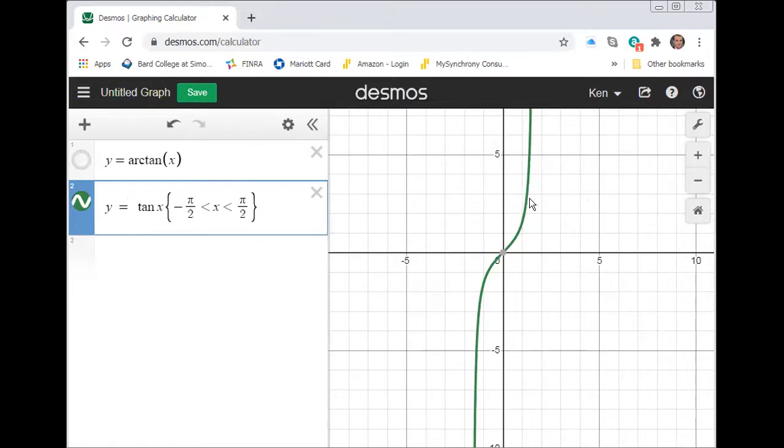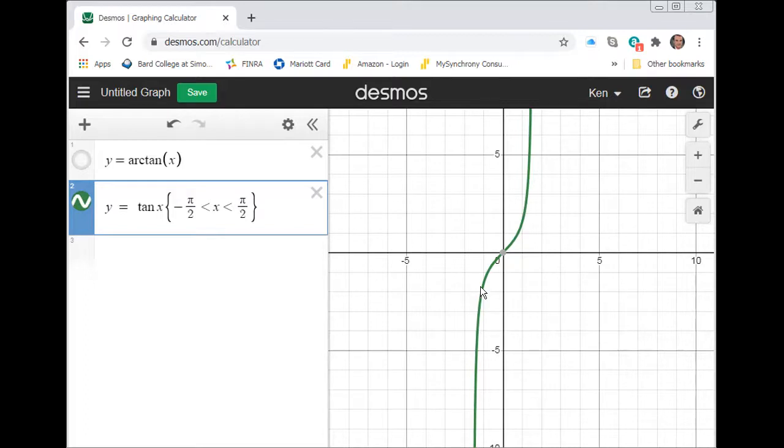And so tangent has this vertical asymptote at x equals pi over 2 and x equals negative pi over 2. Tangent is just sine over cosine. So when you plug in pi over 2 to cosine, you get 0. So whenever you plug in pi over 2 to tangent, you get 1 over 0, going to infinity.